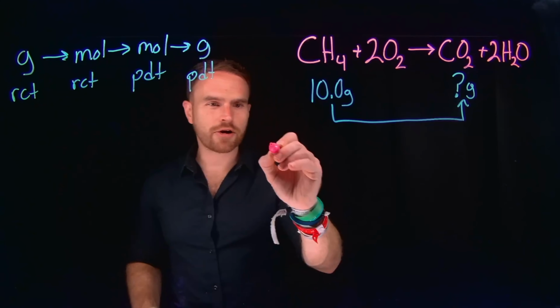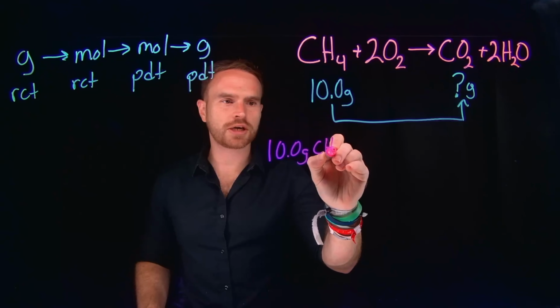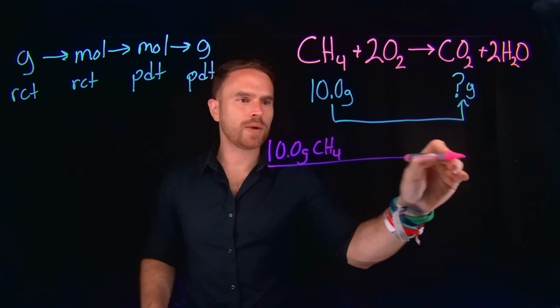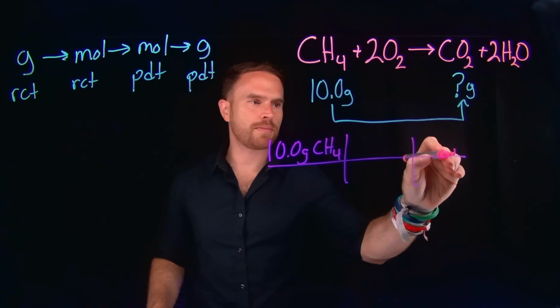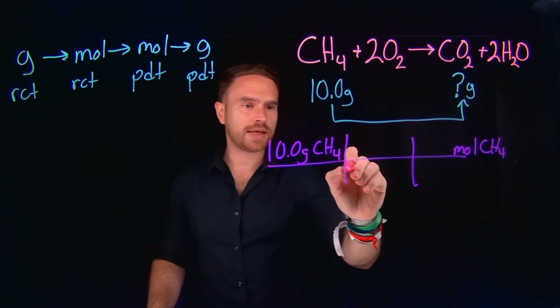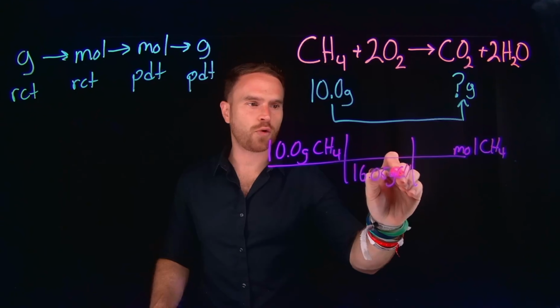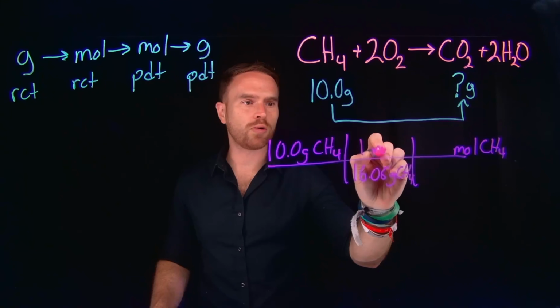So if we start with 10.0 grams of CH4, then in order to convert to moles of CH4, we need to use the molar mass, because remember, we are converting to moles of CH4. And for that, we need 16.05 grams of CH4 for every 1 mole of CH4.